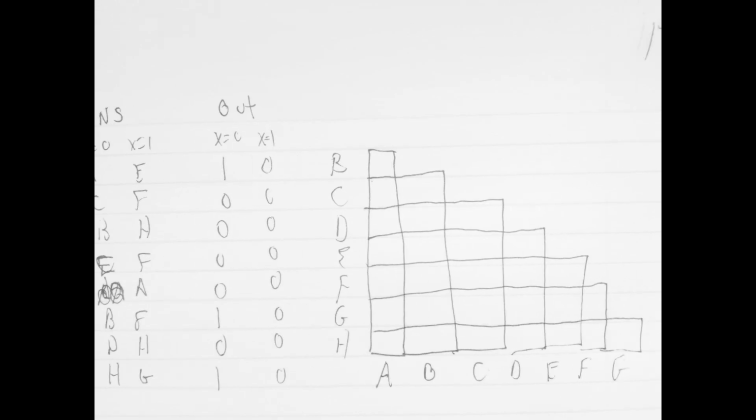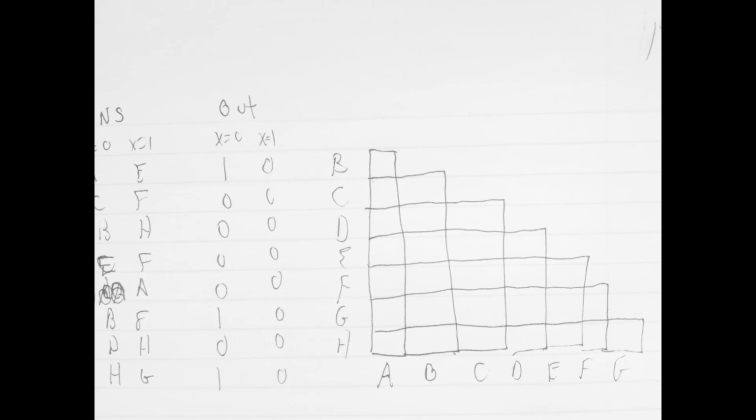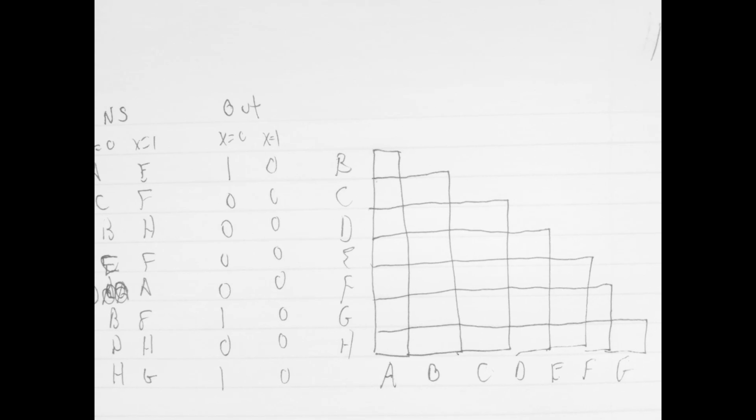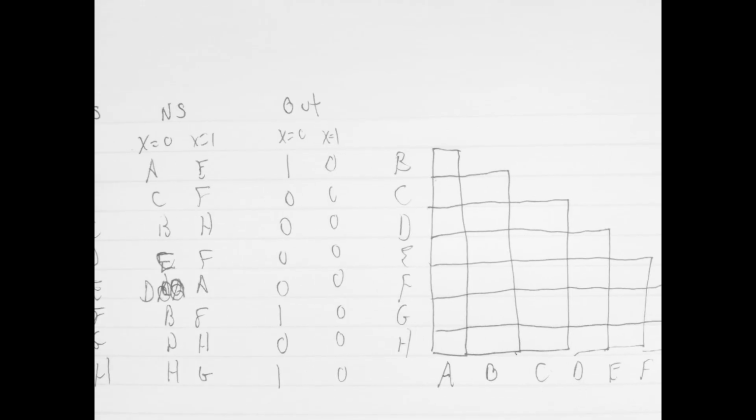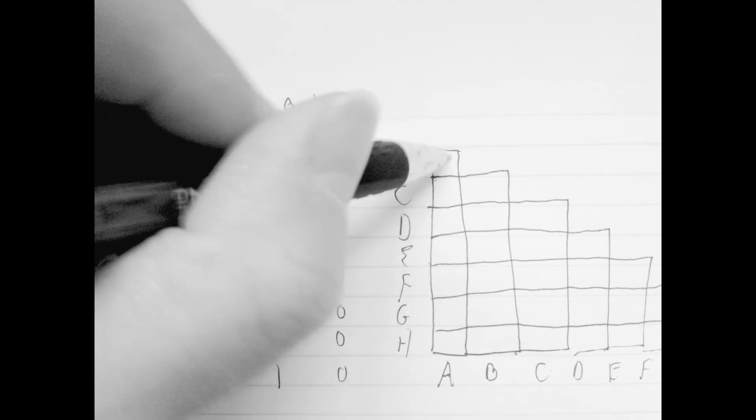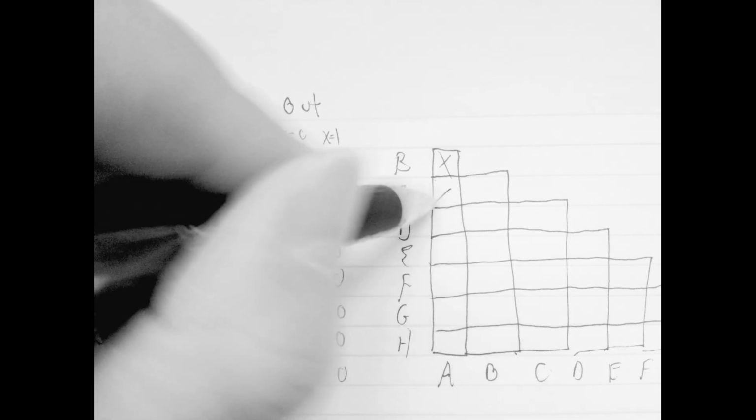Then in the first pass through the system, we want to eliminate anything which has a trivially different output. Comparing A against B, that's a different output, so we can put in an X. Similarly, C, D, and E all have different outputs from A, so they all get an X. G also has a different output.